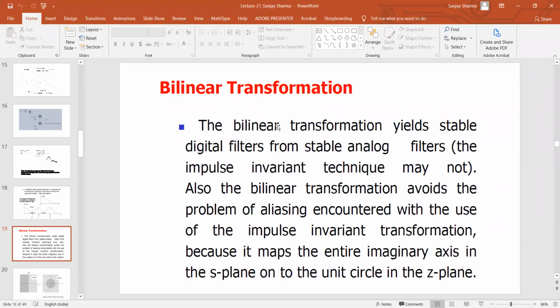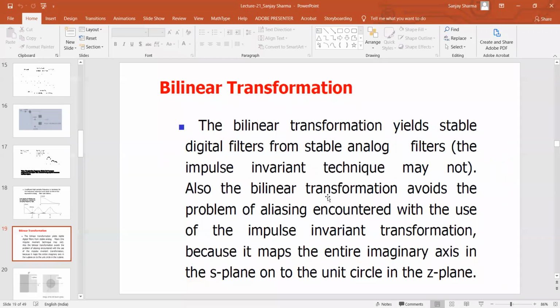The bilinear transformation yields stable digital filters from stable analog filters. The impulse invariant technique may not, because of various reasons, right? So once the analog filter is stable, it will yield stable digital filters. All right.